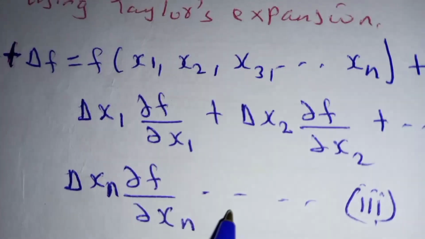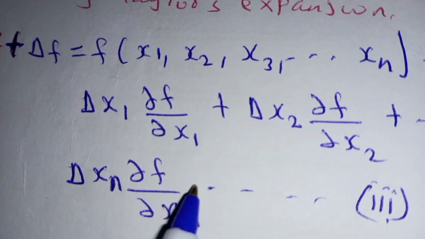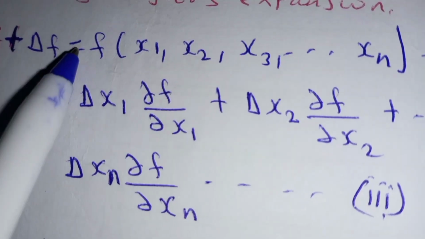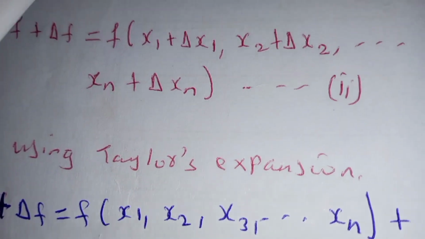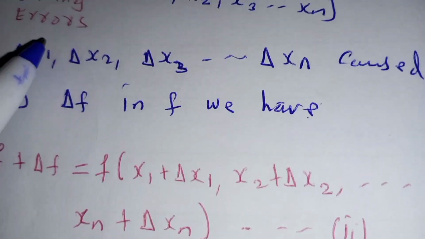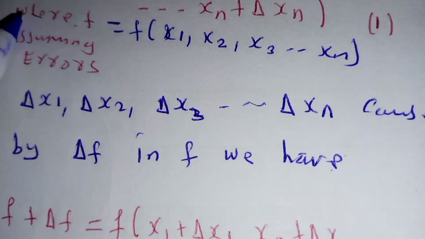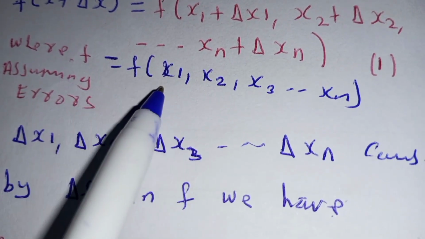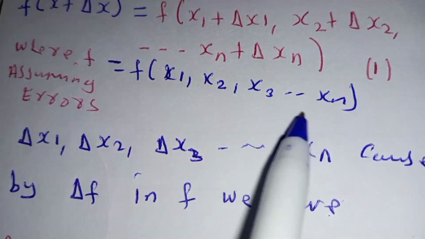So we can subtract equation 1 from 3. Equation 1 is the one here: f is equal to f of x1, x2, x3, all the way to xn.